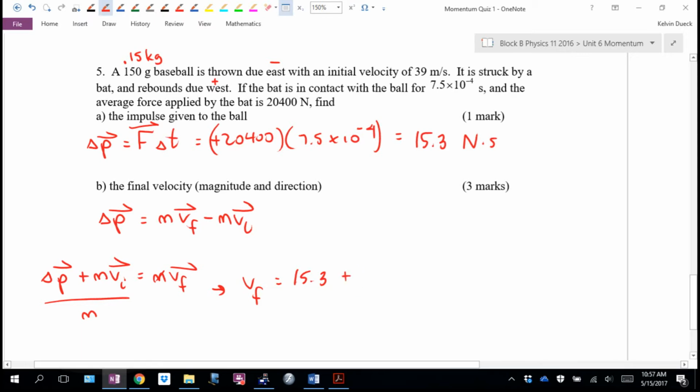Plus, I don't need to multiply that by the time or anything, m, 0.15 times negative 39, right? Divided by 0.15.